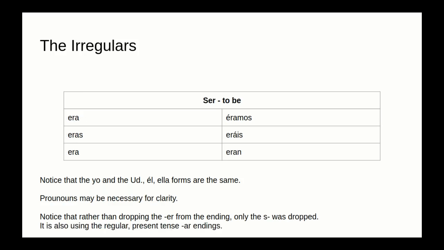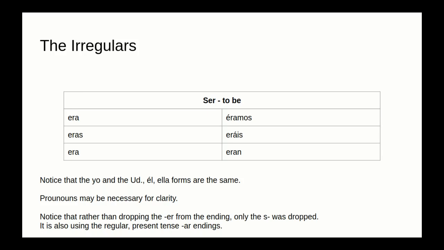Ser is also irregular. Ser, to be as in a personal characteristic, becomes era, eras, era, éramos, erais, eran. Notice the accent on the first E in éramos. The he, she, it, and the yo forms are the same again, so we will need those pronouns for clarity.